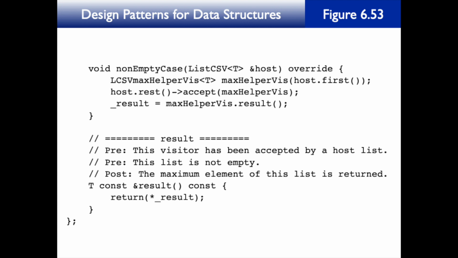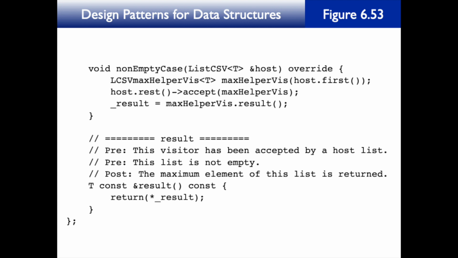And then in the non-empty case, you recall, we used our _data as a parameter and called the helper. But in this case, the helper is itself a visitor. So we instantiate a little local max helper viz, and whereas before we passed along _data, now what do we pass along? host.first, according to that recipe that we saw a minute ago.